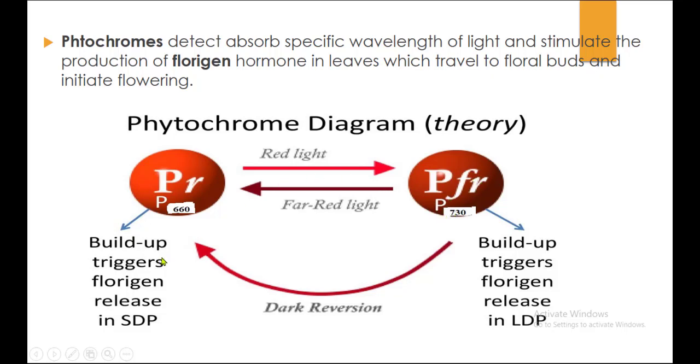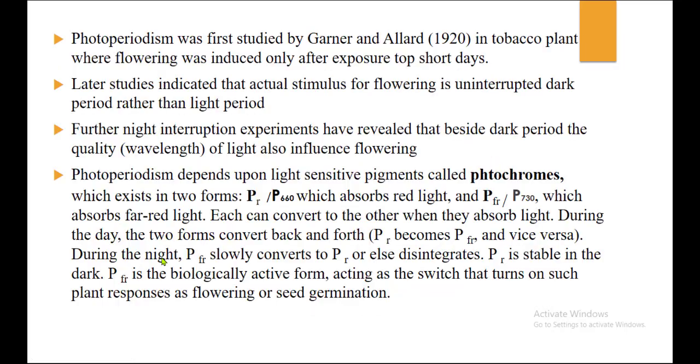So what happens? Actually, these phytochromes absorb different wavelengths. Phytochrome red, which is also known as phytochrome 660, absorbs red light, and phytochrome FR or phytochrome 730 absorbs far red light, and they are interconvertible.